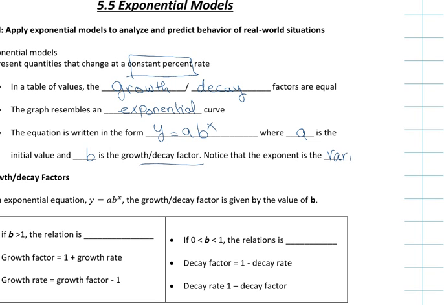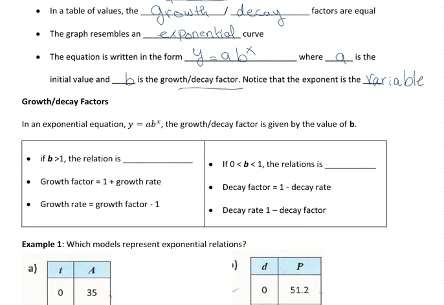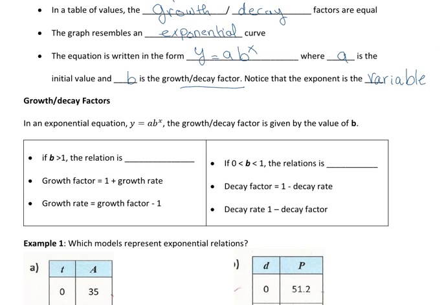So we covered this not too long ago, right? So just recall the vocabulary. When I say growth or decay factor, I mean that ratio that goes right here, which represents b.